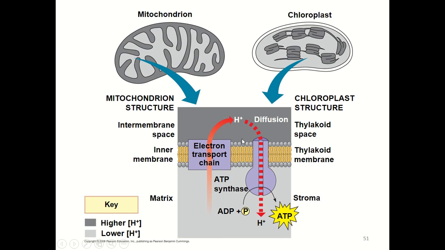And then the hydrogen ions diffuse, for mitochondria, from the intermembrane space to the matrix. Meanwhile, for chloroplast, the hydrogen ions diffuse from the thylakoid space to the stroma. Okay, and then ATP synthesis in mitochondria happens in the matrix. Meanwhile, ATP synthesis or chemiosmosis in chloroplast happens in the stroma.